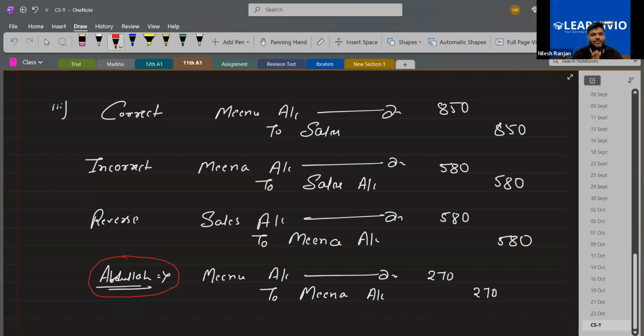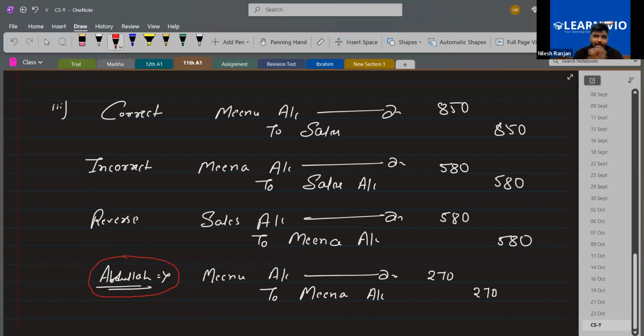Madhya, I'm not saying that you know things here, but you have to try. You know the concept. I already discussed with you the concept of correct and incorrect. After that, the reversal of the incorrect entry, and then the merging of the two entries, the correct one and the reverse one. So how do we merge?